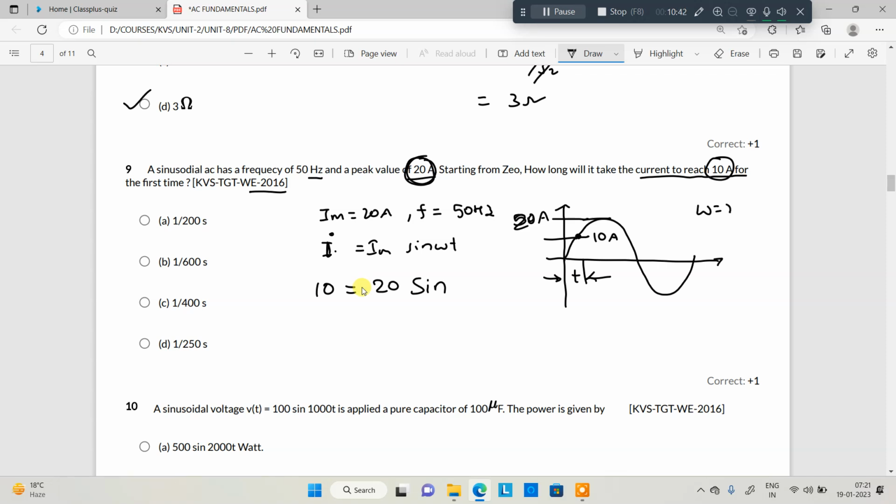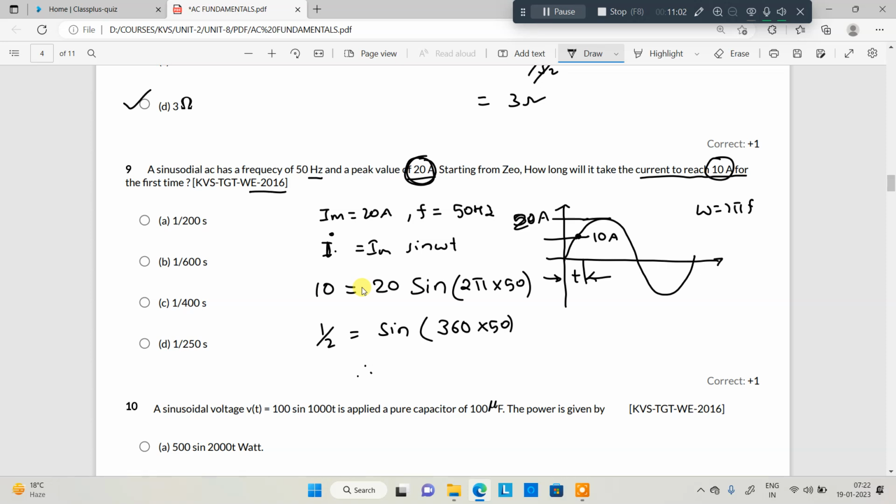Omega is equal to 2 pi f, with 50 Hz as the frequency. 10 by 20, that is 1 by 2, equals sin of 2 pi, and 2 pi is nothing but 360 into 50.